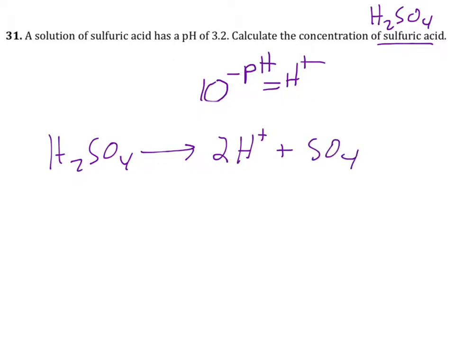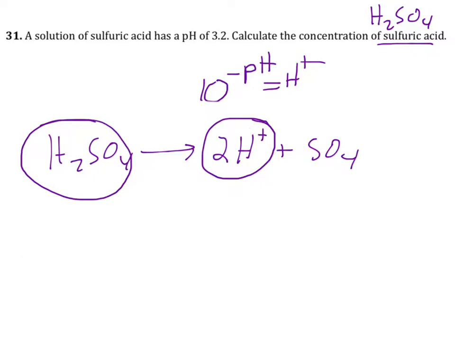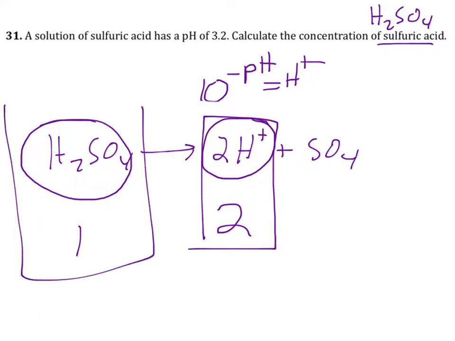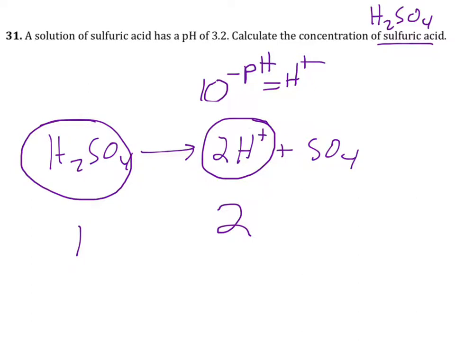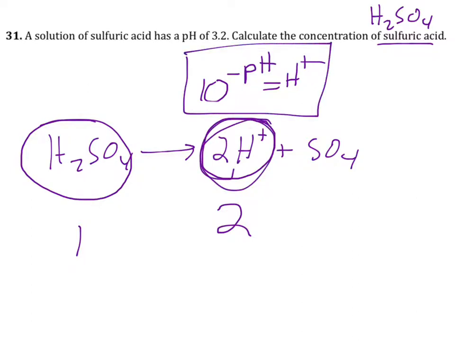And so whatever the concentration of this is, the acid is going to be half the concentration, because one of these is going to give off 2 of these. So whatever amount of this we have, it's going to be half the amount of that in terms of concentration. And the way that we find this is with this equation right here, 10 to the negative pH.